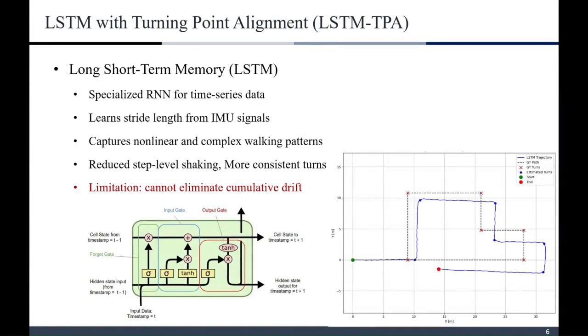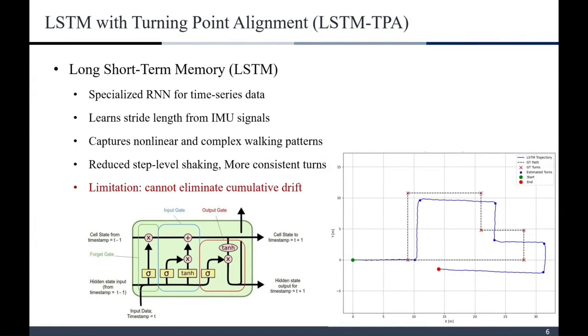These gates include the forget gate, input gate, and output gate. They decide what past information to discard, what new information to store, and what to pass on. Sequential IMU signals are processed through gated cells, allowing the model to learn walking dynamics.